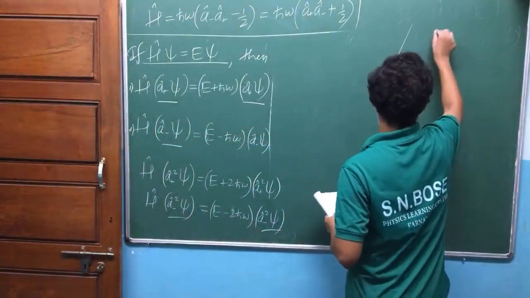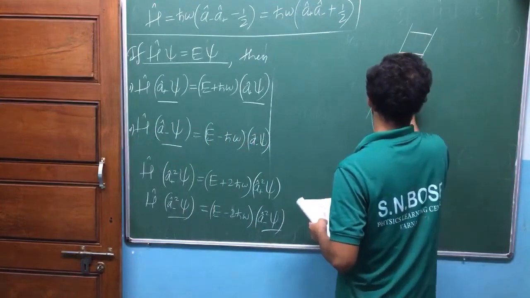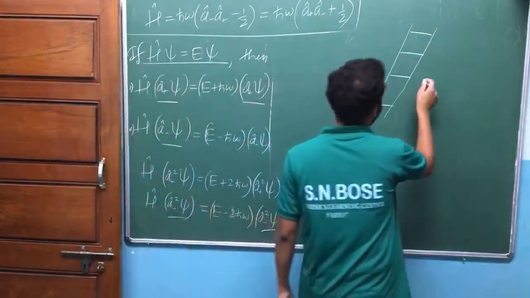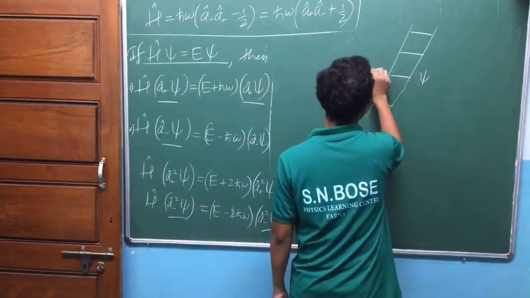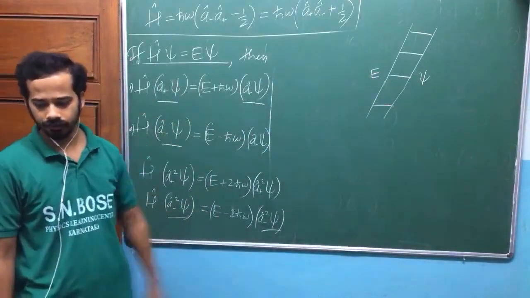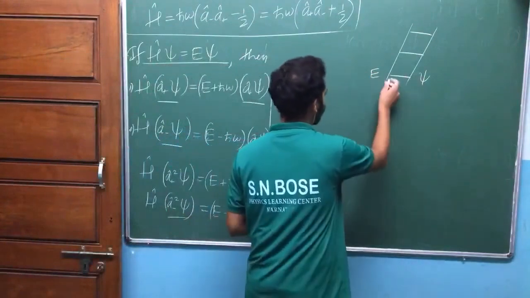Now look at here, I can have a ladder here. Suppose this is state psi with energy E. If that is a solution of the Schrodinger equation with energy E, we say that is the stationary state with energy E. Am I right?